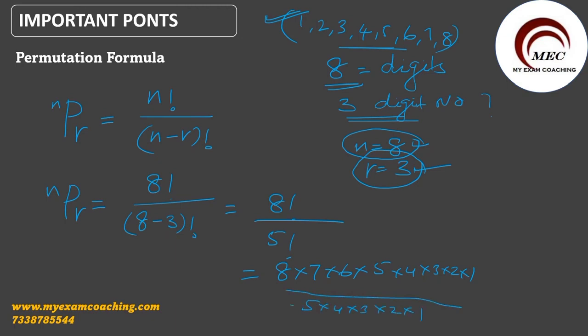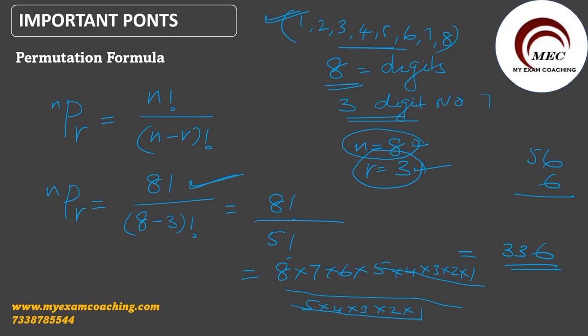Now I can cancel this 5 to 1 with that 5 to 1. What is left? 8 into 7 into 6. 8 sevens are 56, 56 into 6: 6 sixes are 36, balance 3, 30 plus 3, 33. 336 will be the answer for this.